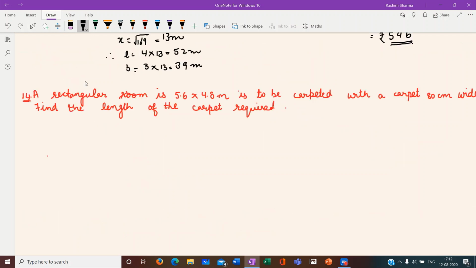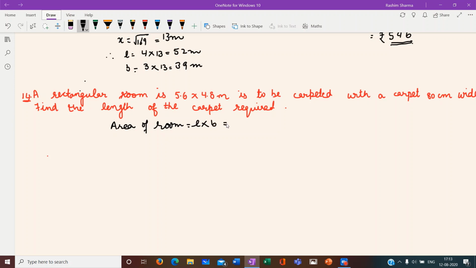Question number 14: a rectangular room 5.6 into 4.8 meter is to be carpeted with a carpet 80 centimeter wide. Find the length of the carpet required. Now in this room we are given the length and breadth of the room. We can find the area of the room. Area of the room will be equal to length into breadth.